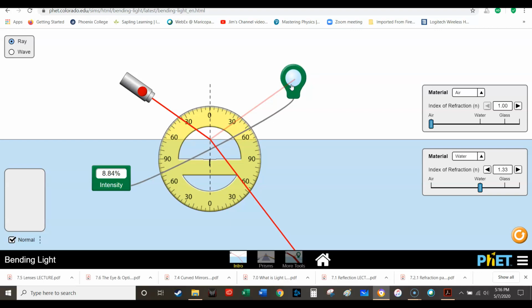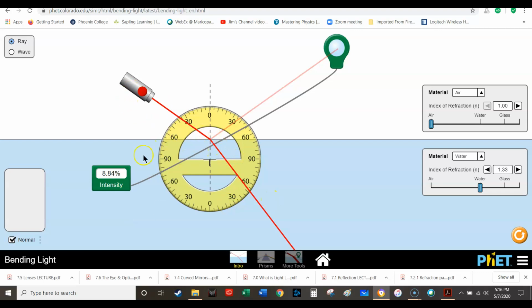So if you're sitting over here and this is your eye, you would see a dim light source reflected off the surface. And you would probably see it down here, right? Because our brains interpret things along straight lines. So you would see it right here. Okay?